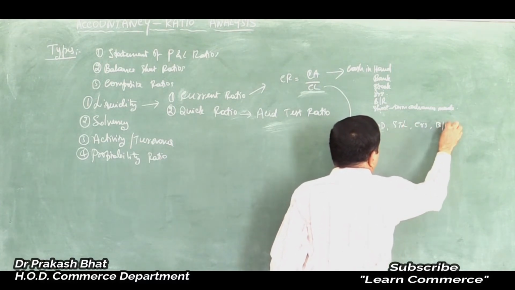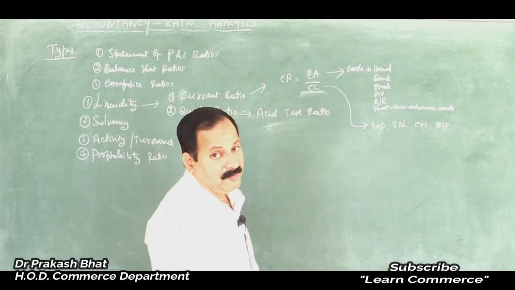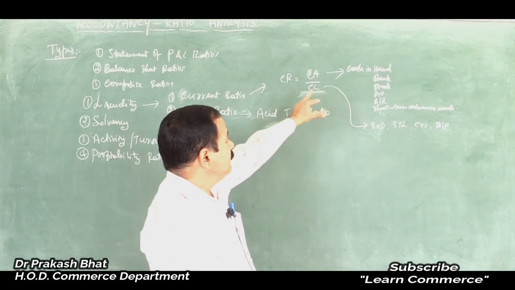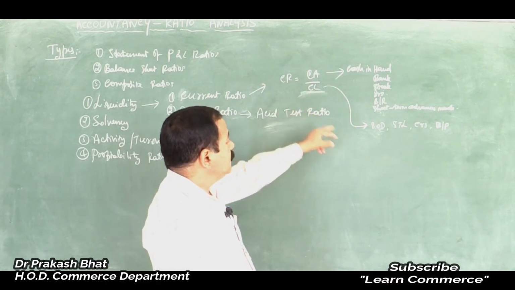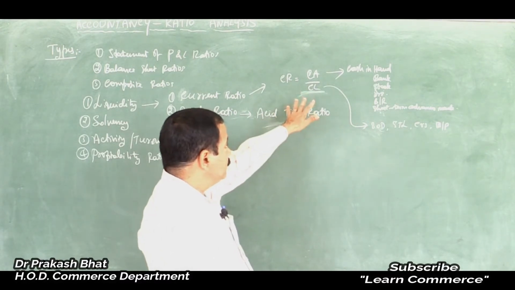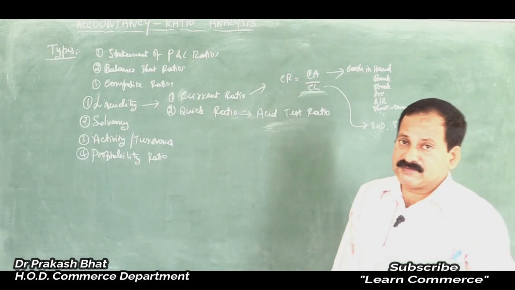These are short-term obligations. When we divide the total current assets by the total current liabilities, whatever we get is the current ratio. Remember this.